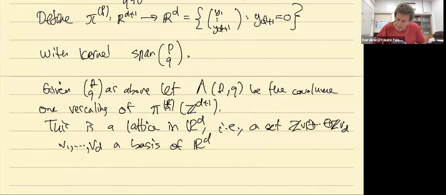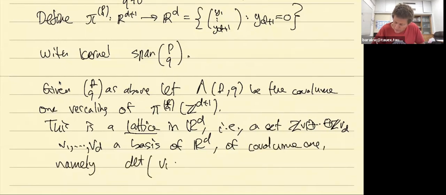This gives you a set, which is called a lattice, and it's of covolume one, namely the absolute value of the determinant of the matrix that you get by putting these v_i's as columns of the matrix is 1.